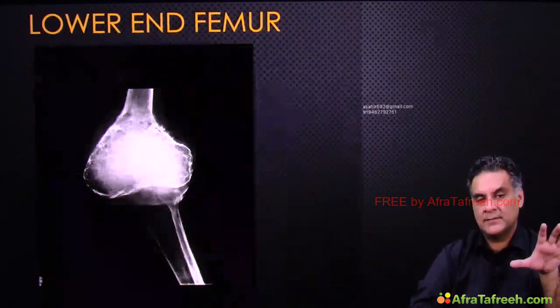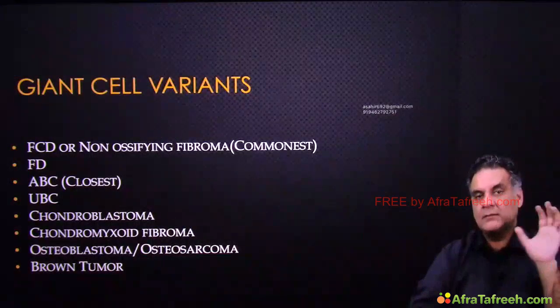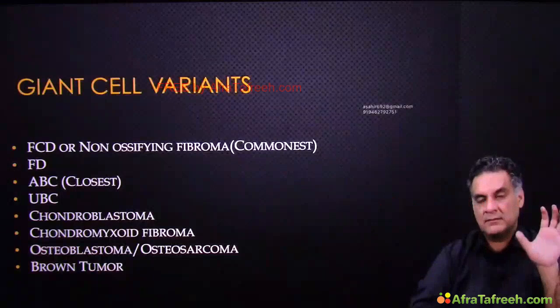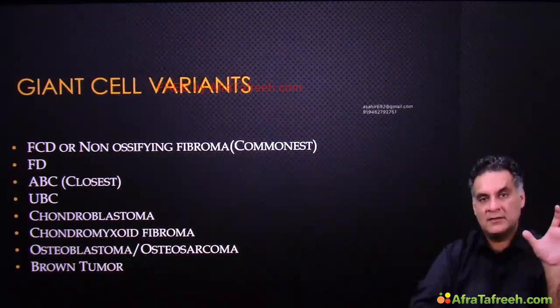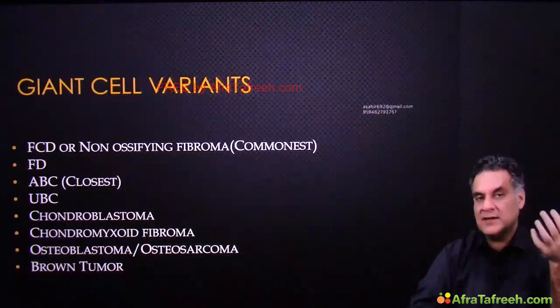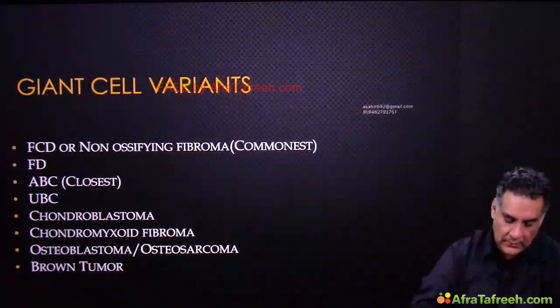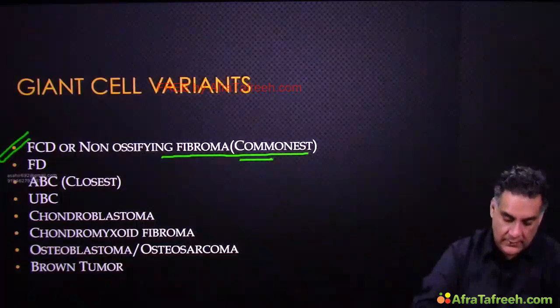Remember that. Giant cells, mononuclear cells. Mononuclear cells are the malignant cells, but then there are tumors which will have giant cell variants, meaning they will have giant cells. They are lytic cavities like fibrous cortical defect or non-ossifying fibroma, the commonest.